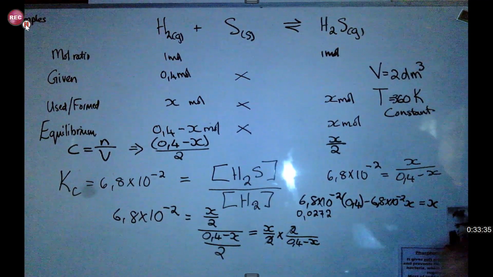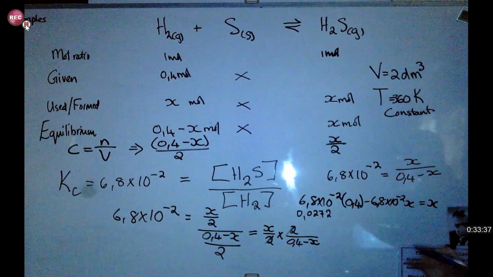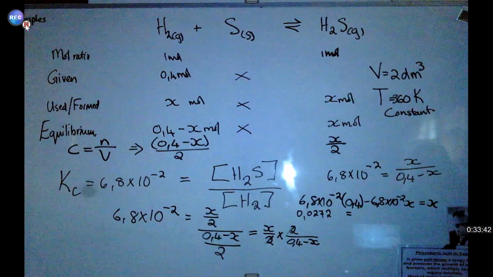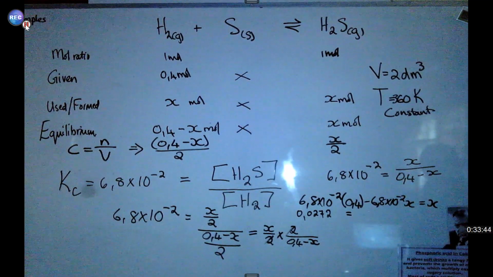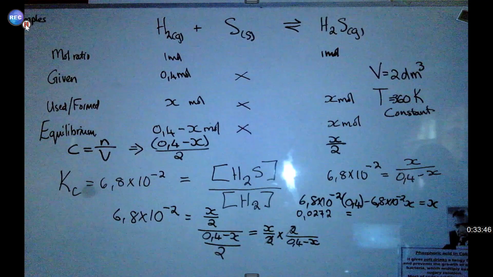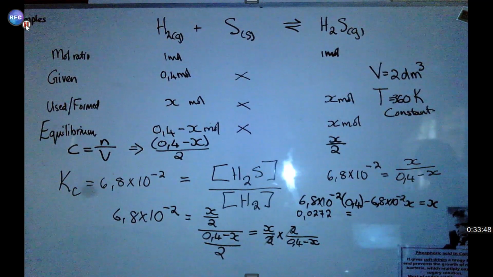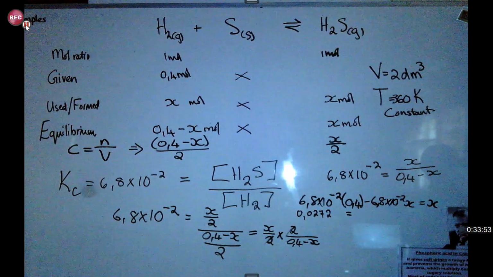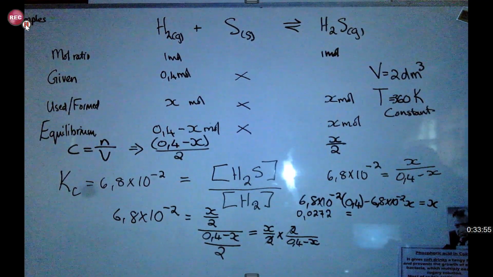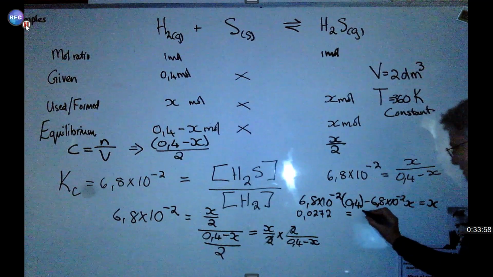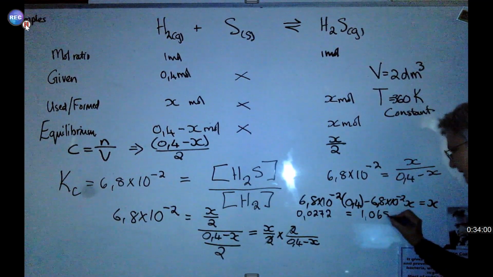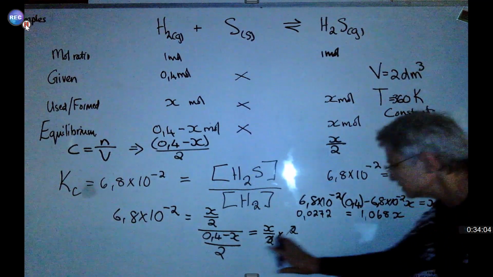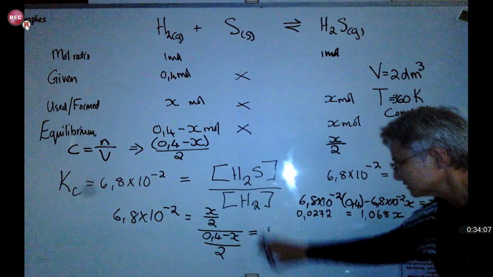I'll keep all my decimals because these values are very small. And that becomes 6.8 times 10 to the power minus 2 plus 1, which gives me 1.068x.